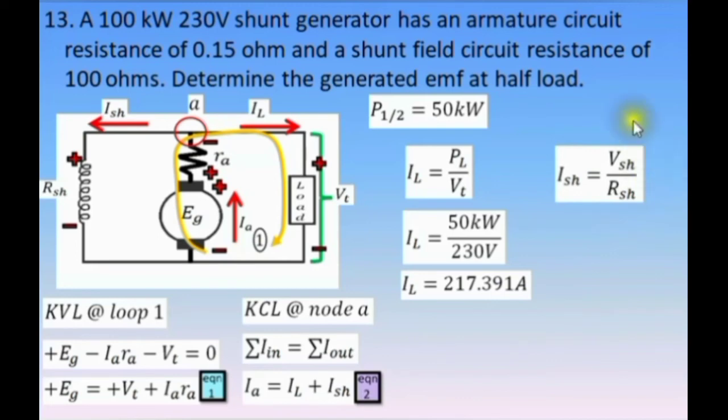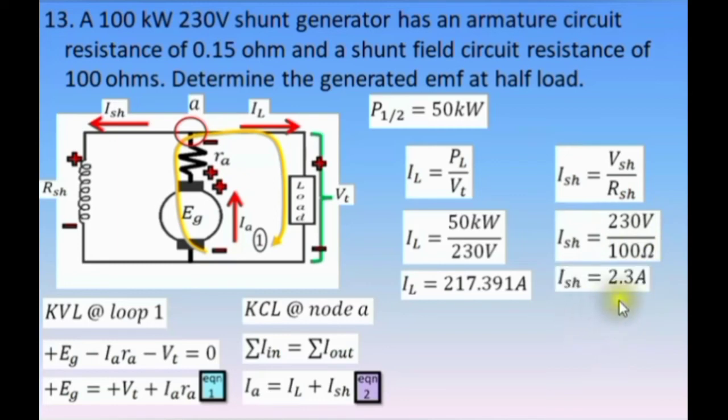Now let's determine the shunt field current by using Ohm's law. Shunt field voltage equals terminal voltage, that is also 230 volts. Shunt field resistance is 100 ohms. Substitute those values, 230 volts divided by 100 ohms. Shunt field current equals 2.3 amperes. Substitute the values of IL and ISH to equation number 2. So we have IA equals 217.391 amperes plus 2.3 amperes.